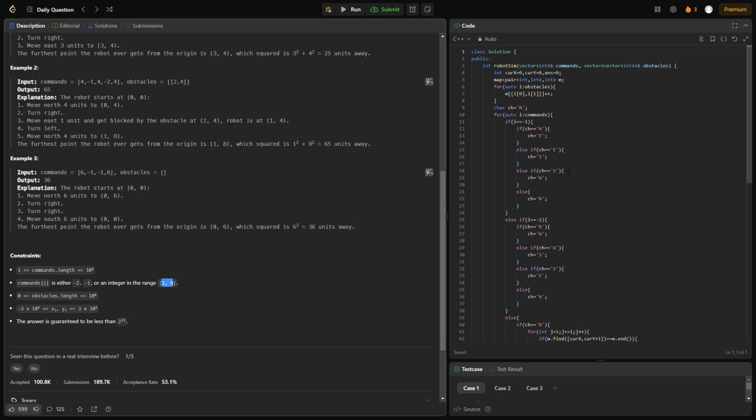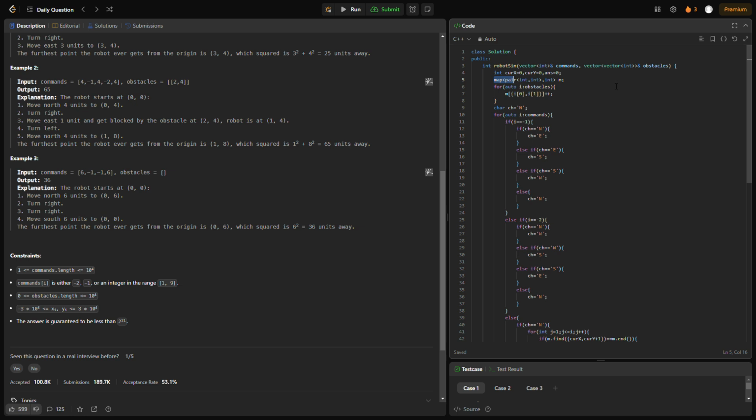So this is what I have. Again, I have currently taken current x and current y, that is where we are lying for the coordinates x and y, and answer 0, that will be the final answer that we will be returning. Currently it is 0. What I did is I maintained a map with the key as a pair, that will be the x and y coordinates.